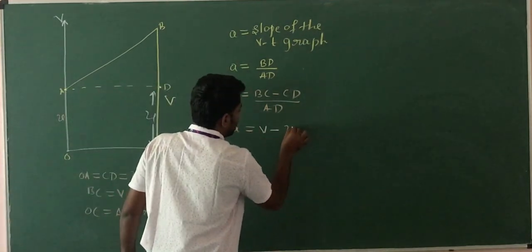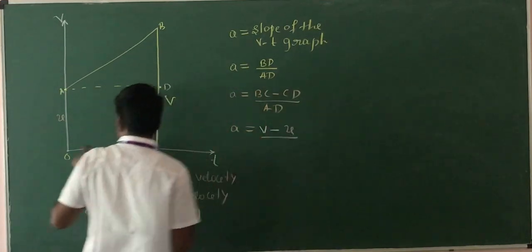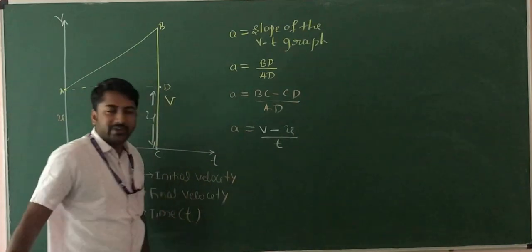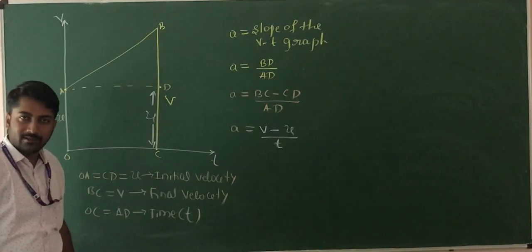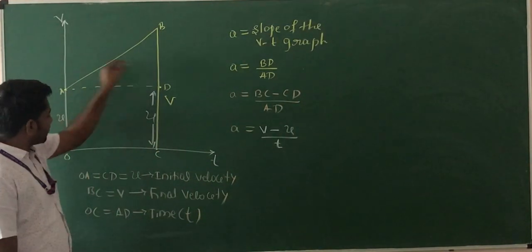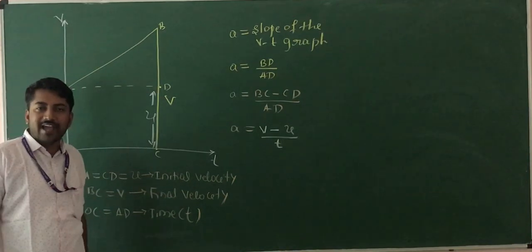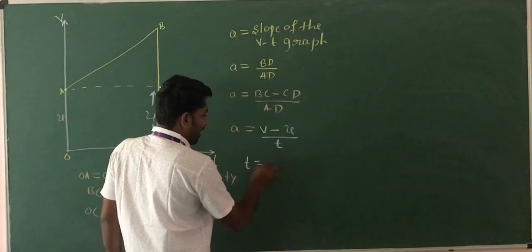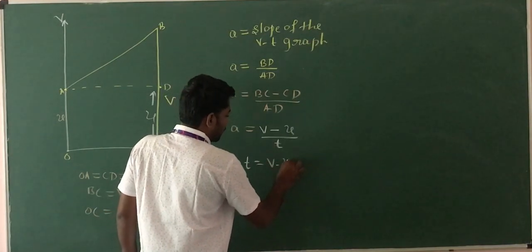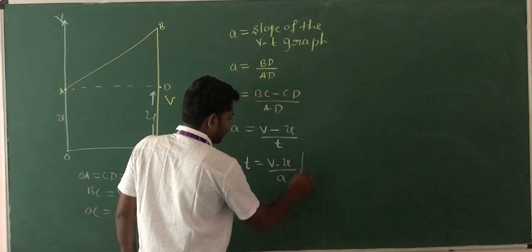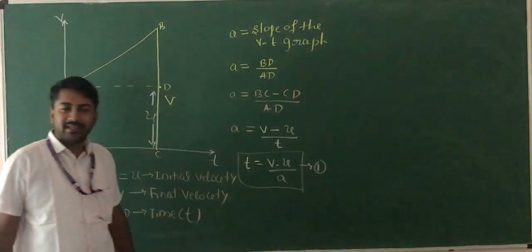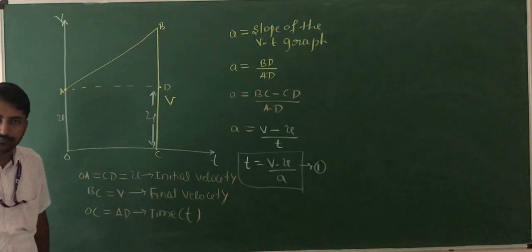So a is equal to v minus u divided by AD, and AD is t. a is equal to v minus u divided by t. The body covers this distance in a time t. From this equation I can write t is equal to v minus u divided by a. This is equation number 1.